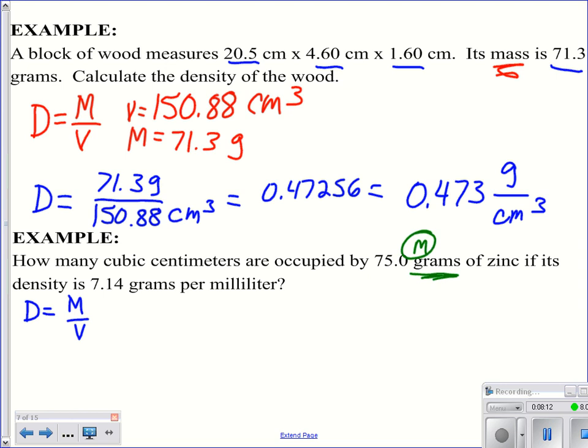Mass. And then density, it tells me this is density right here, grams per milliliter. We're looking for volume. Maybe in your head you're changing this around algebraically. I'll do that in a second. But right now I know that I'm starting with grams and I'm starting with grams per milliliter.